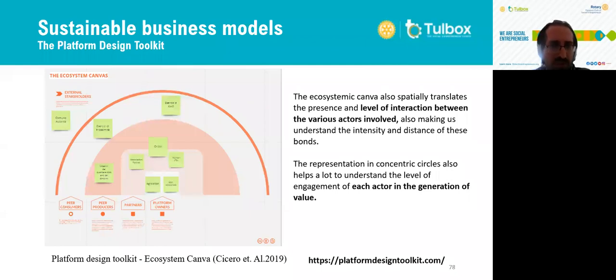Now, we have the platform owners, we have the partners, we have the peer producers, so the ones that, for example, can produce in a peer way, the peer consumer, and so on. And playing with these shapes, you can really visually understand your ecosystem. And it allows you to also think in a more holistic way.